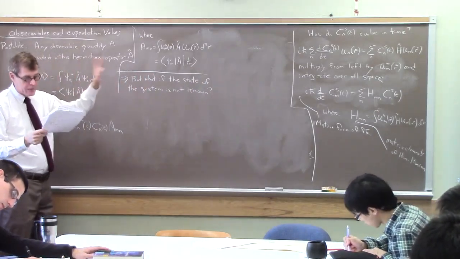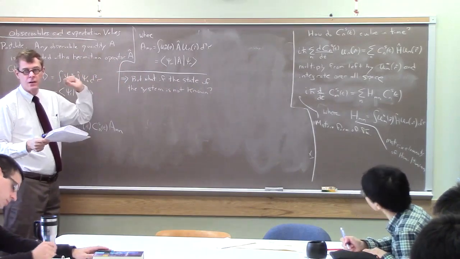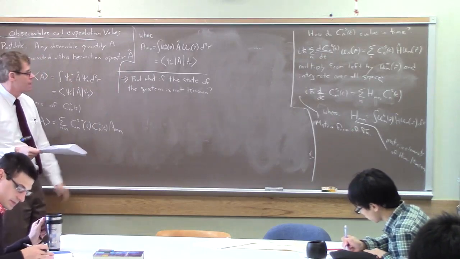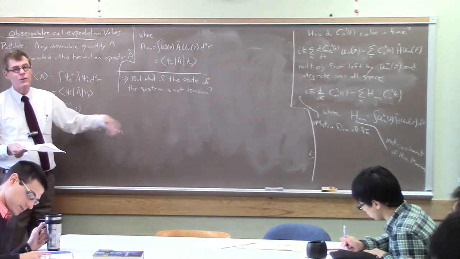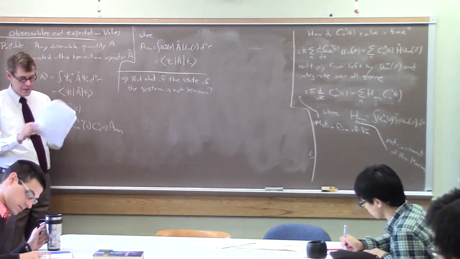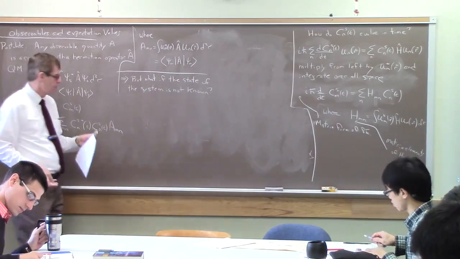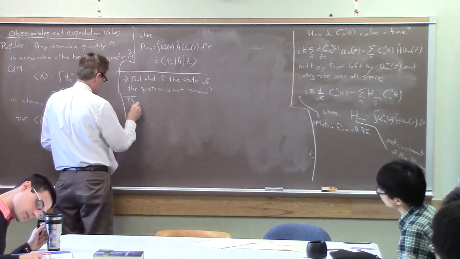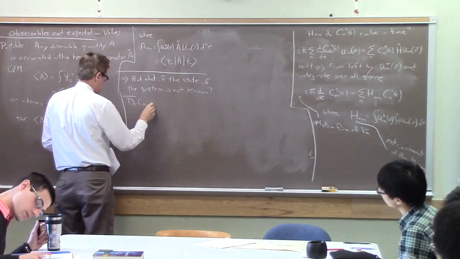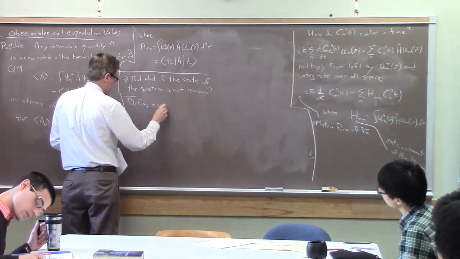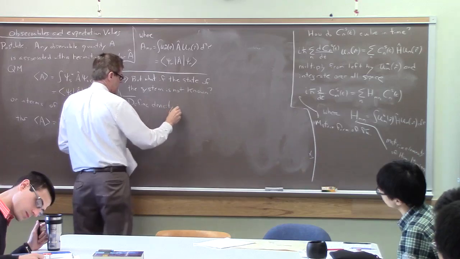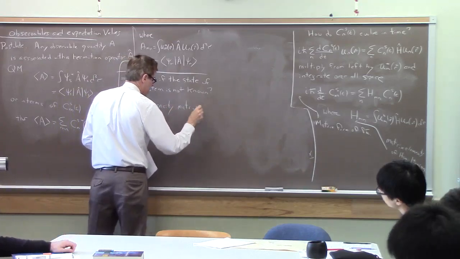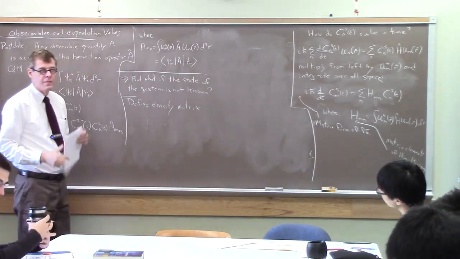That is when the wave function formalism breaks down. Because if the state of the system is not known, then how do you write down the wave function for that state? So we define the density matrix.